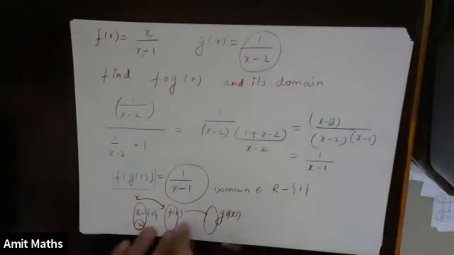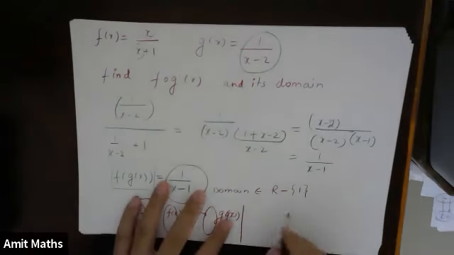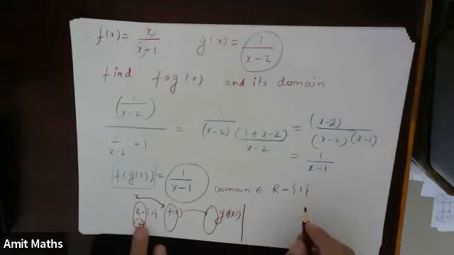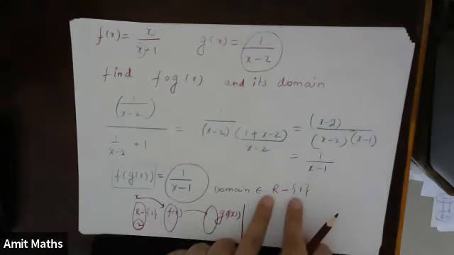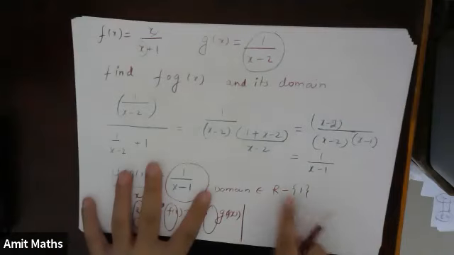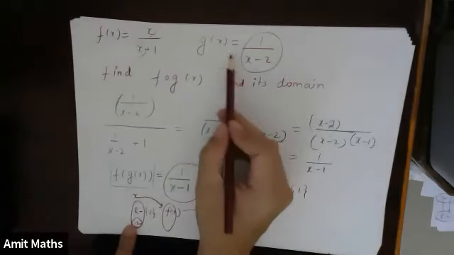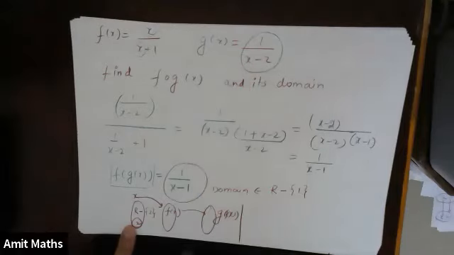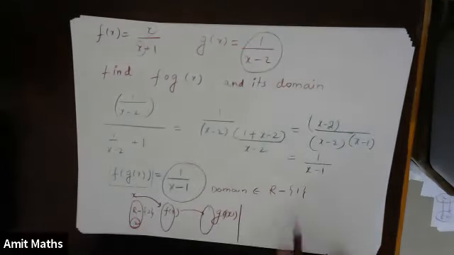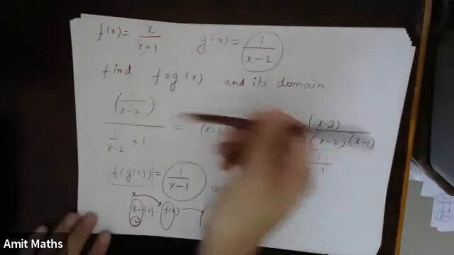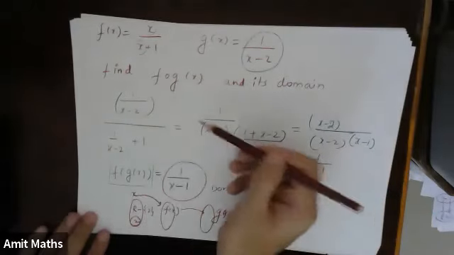Understood? Fine. So if x cannot take 2 as a value, and already from the final function I have taken R minus 1, but in the previous case g of x can never take 2, that means the final function will also never accept 2.